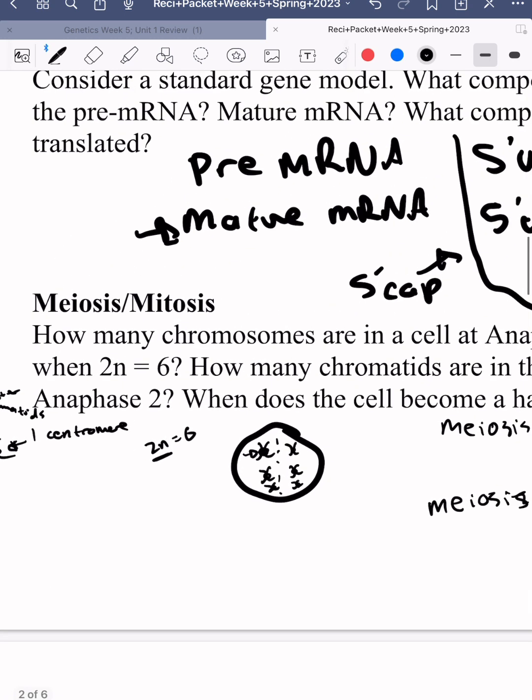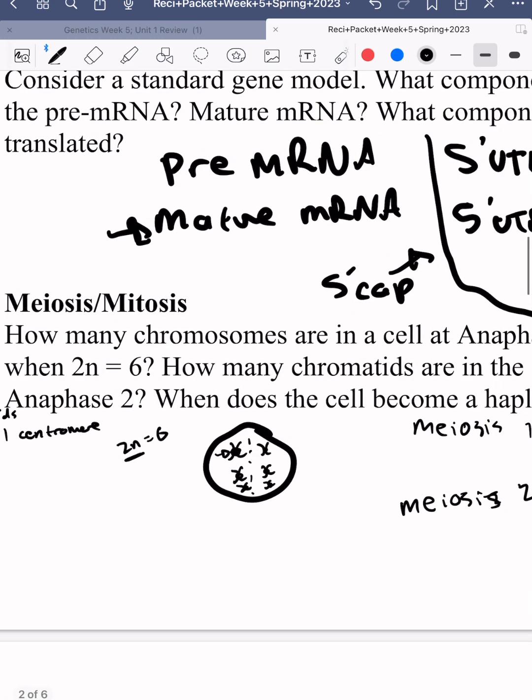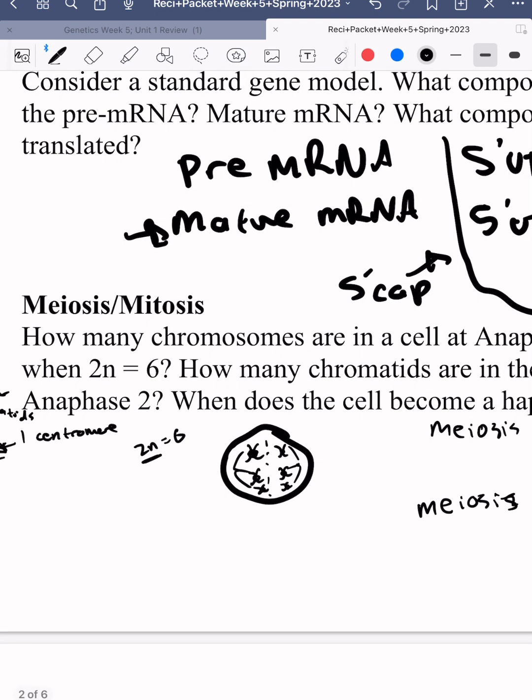If we were to draw the cell out currently in anaphase 1 of meiosis, we can see that we have a total of 6 chromosomes in the cell. So 2n equals 6, and 2n essentially means that it is diploid. So that means that there are sets of 2, and there's a total of 6 chromosomes. If we were to find the haploid number, we'd simply divide this over, so n would equal 3. So the haploid number would be 3 chromosomes.